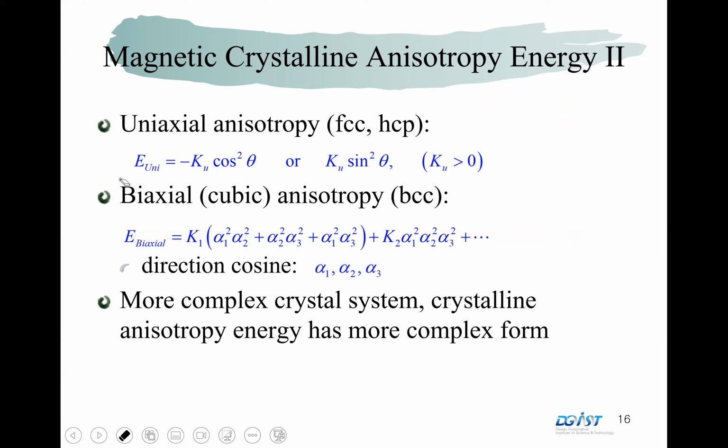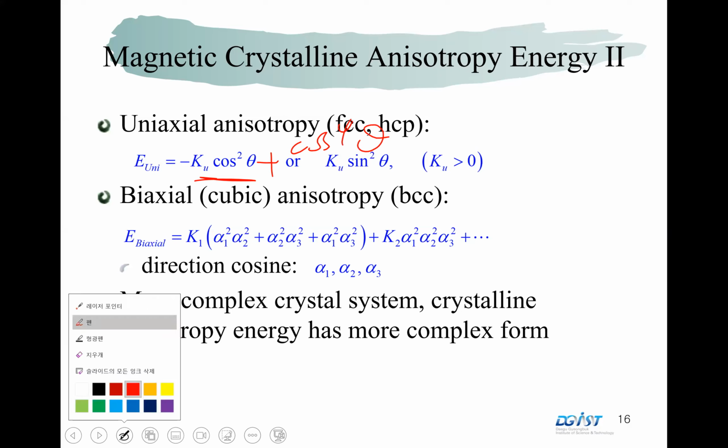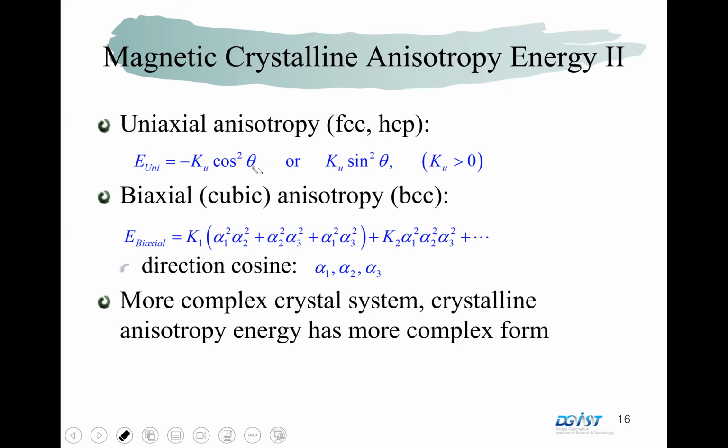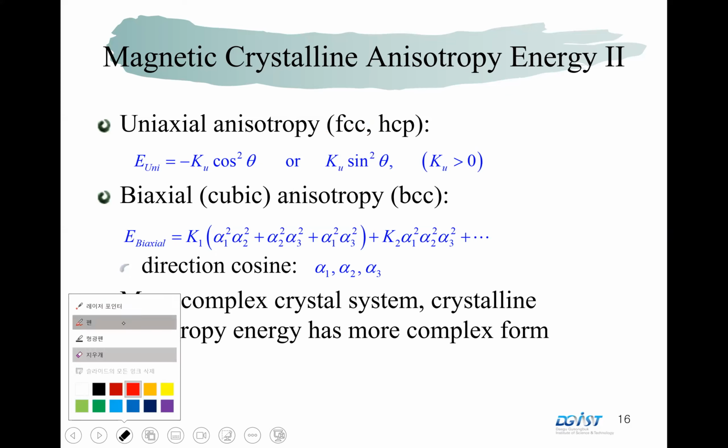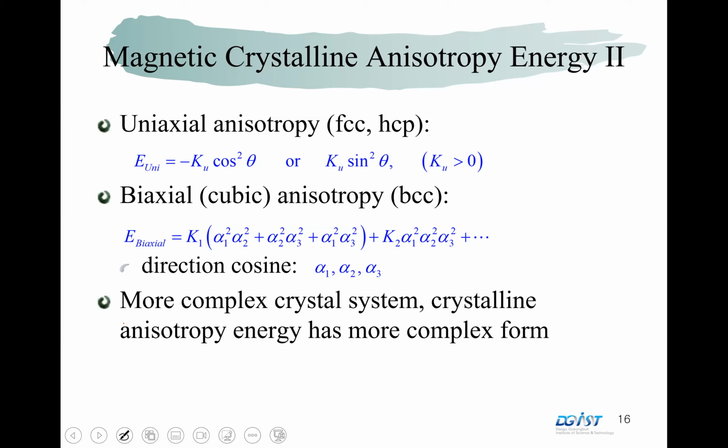The easiest mathematical representation is this one. But if you think about more complicated initial entropy, what you need is a higher order term, like a fourth power of the cosine theta. But in many cases, we don't need such a high order. Sometimes it's very important, but we're going to focus on the simplest way.